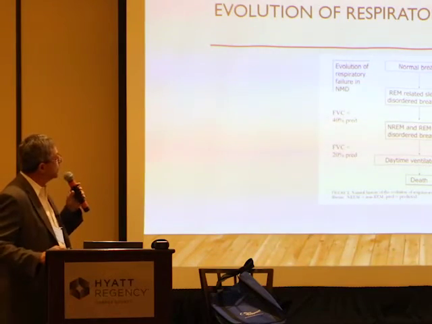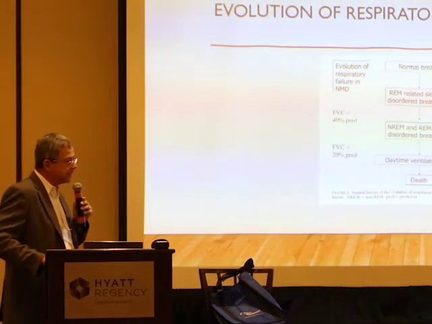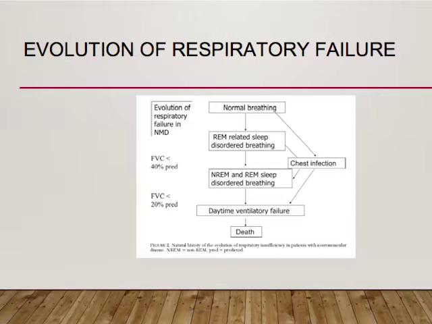So if you're looking at 60,000 feet, what we see with the development of respiratory insufficiency is that the very first place where you can start to see problems is when patients are going to sleep. And REM sleep is interesting. REM stands for rapid eye movement sleep, and it's a very interesting physiologic moment that we experience when we go to sleep.